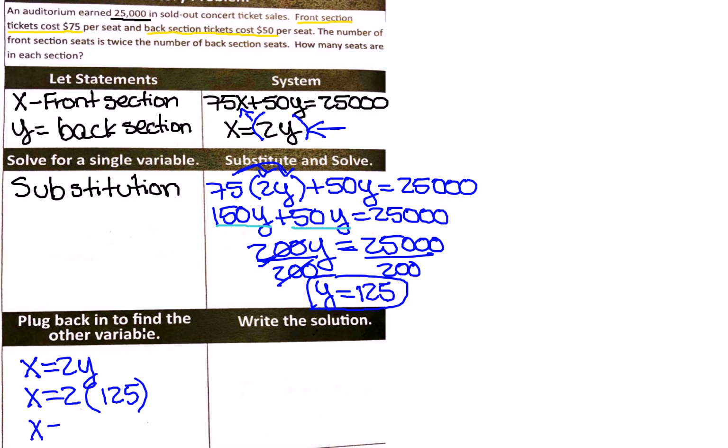And then I will have that x is equal to 250. Now, as the solution, I have, remember, I put my value for x first, so 250, comma 125. And if you have to explain your solution, you can say that they sold 250 front section seats.